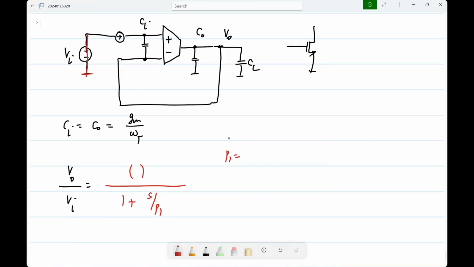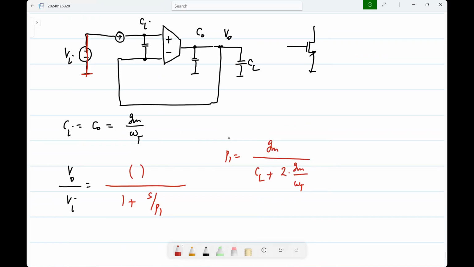In a first order case, you should be able to find out the pole or the time constant just by inspection. So what's the resistance that you see? 1 by gm. So the conductance is gm. What's the capacitance? CL plus Co plus Ci, which is basically CL plus 2 times gm by omega t.